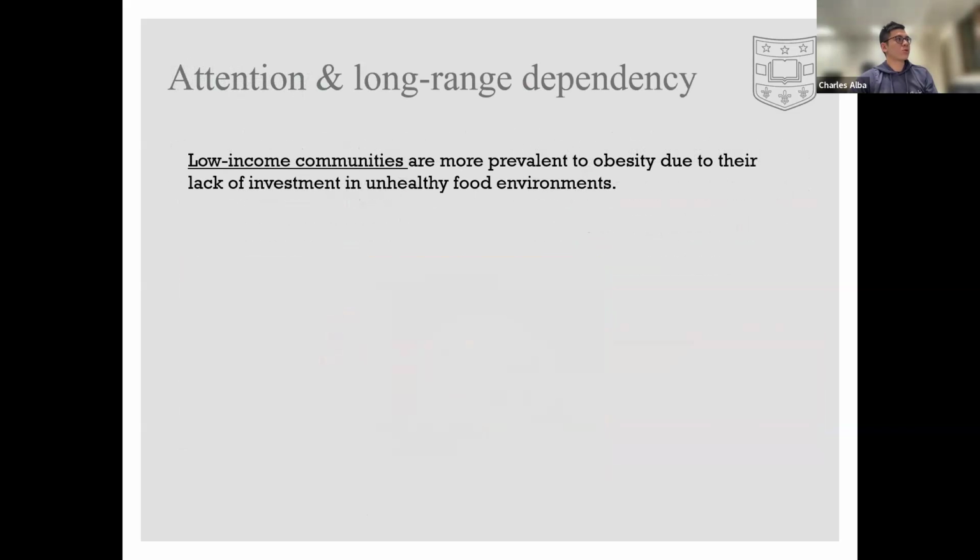Another issue is that words are dependent on each other. They have context, they're dependent on each other, right? So they have attention and long range dependency. For example, low income communities are more prone to obesity due to the lack of investment in healthy food environments. There are some words that are more important to low income communities than others, right?